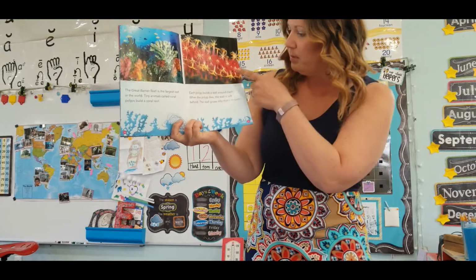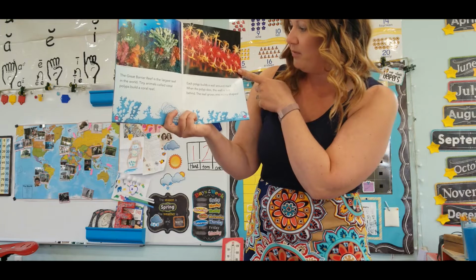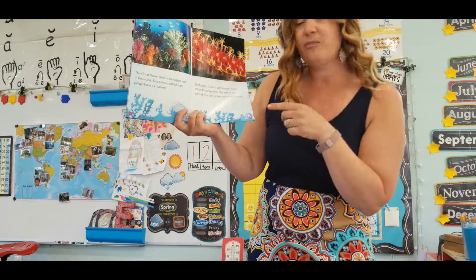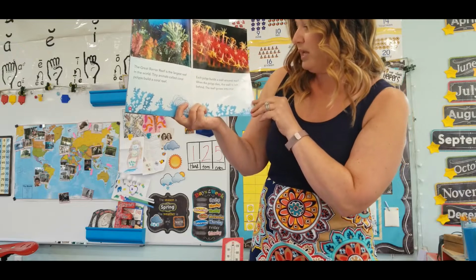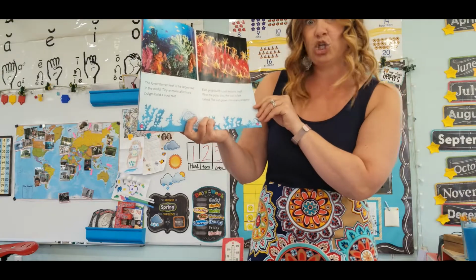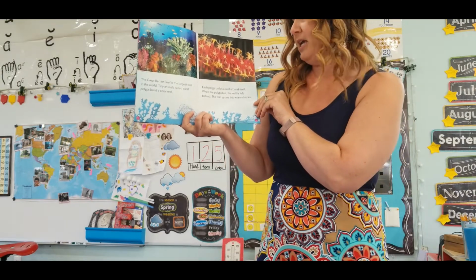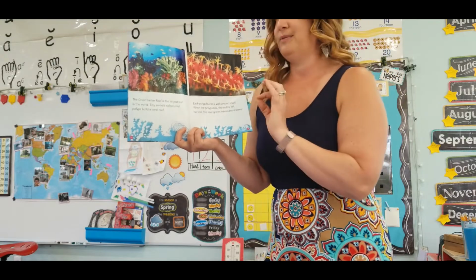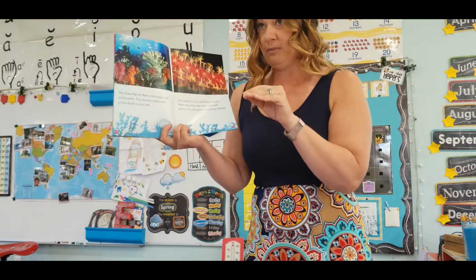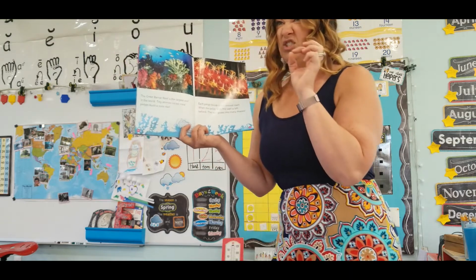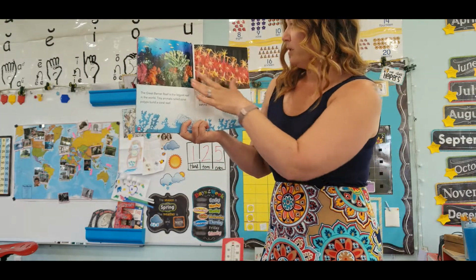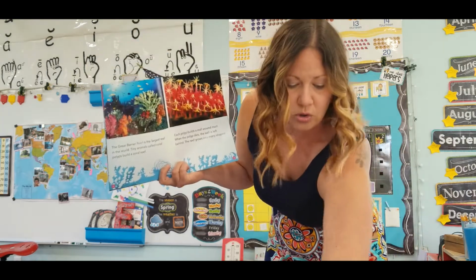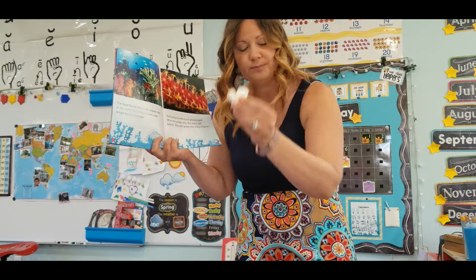Each polyp builds a wall around itself. When the polyp dies, the wall is left behind, and the reef grows into many shapes. Okay, so the salt, the sodium in the water, helps turn coral hard.